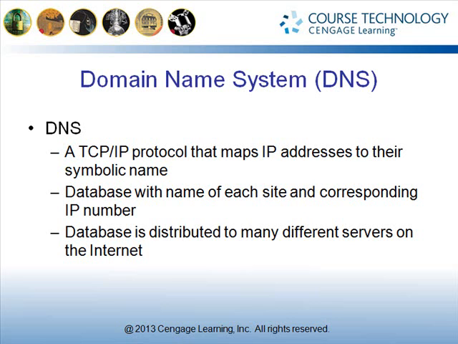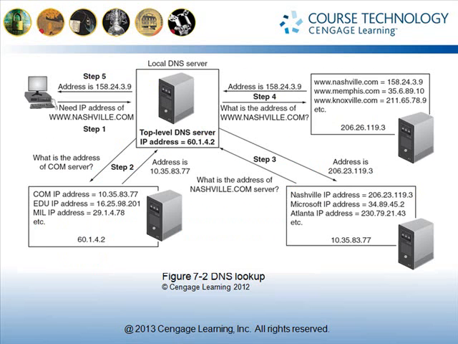Now, to store the entire database of names and IP addresses in one location would obviously cause many problems. It'd be a bottleneck and slow down everybody using it. And if something were happening to this database, then the entire domain name system would be infected. So, instead of being on just one server, a DNS database for the internet is divided and distributed to many different servers, each of which is responsible for different areas on the internet.